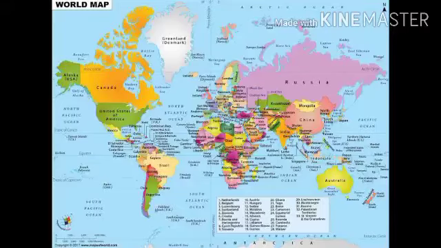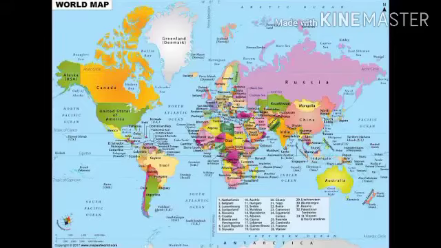Now the next is North America, in the western side. North America and South America are adjoined by an isthmus. North America is the third largest continent of the world, and it is linked with South America by a narrow strip of land called the Isthmus of Panama.